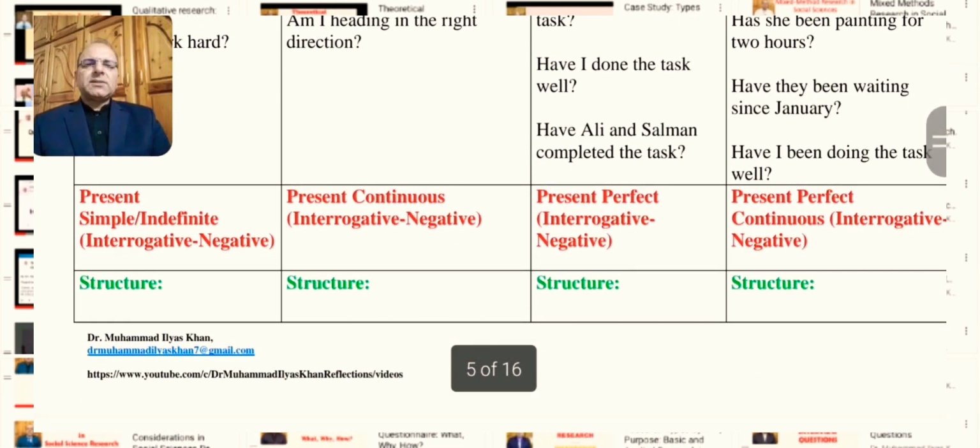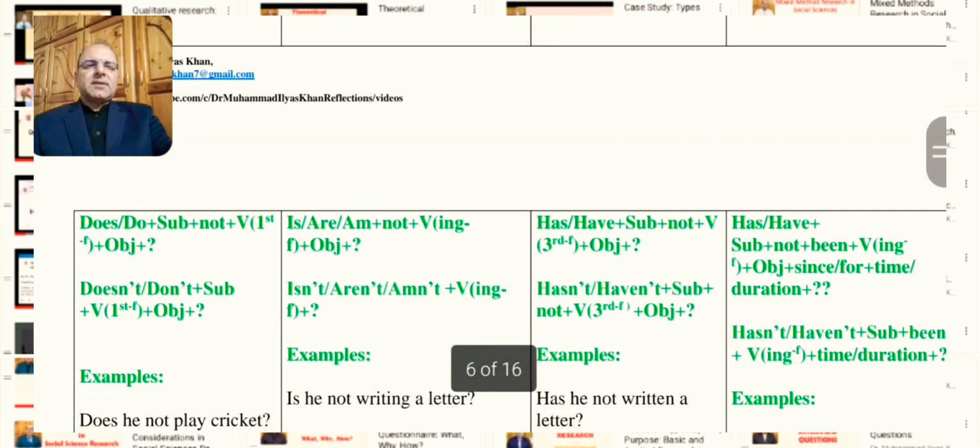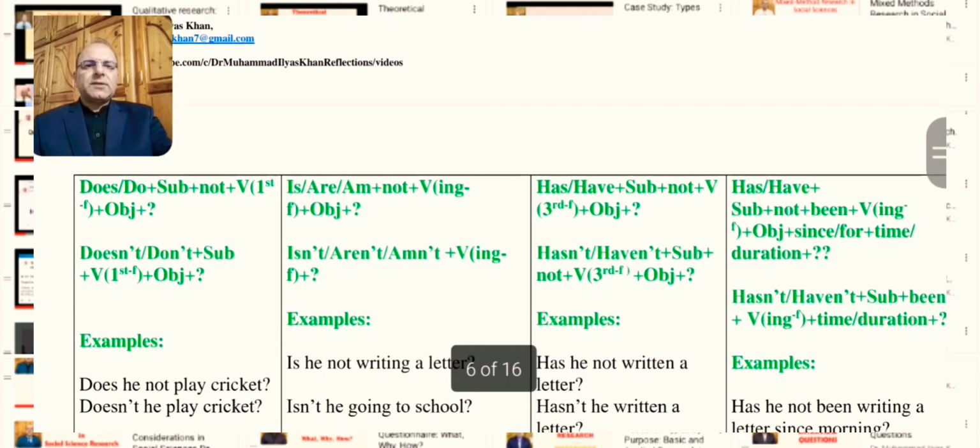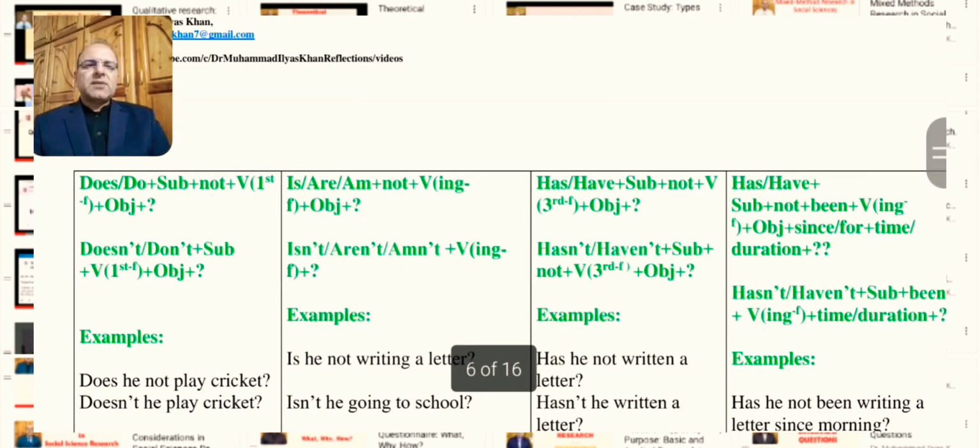Now the present simple interrogative negative sentences. Here again you can see the 4 types of the present tense, that is present simple, present continuous, present perfect, and present perfect continuous, with the structures and examples. So you just need to look at the structure closely, and then see the examples given below each of these.